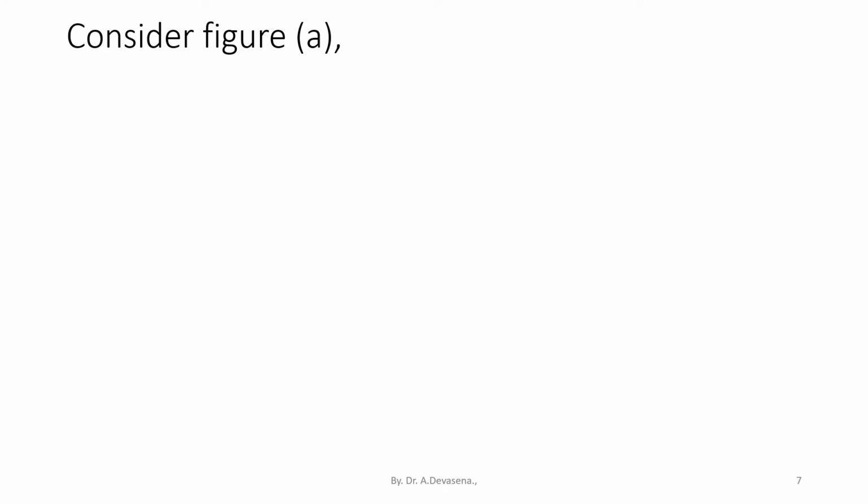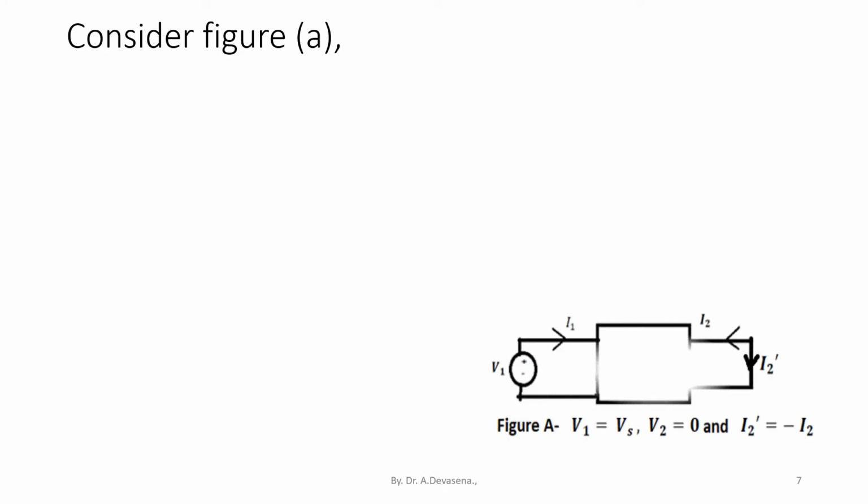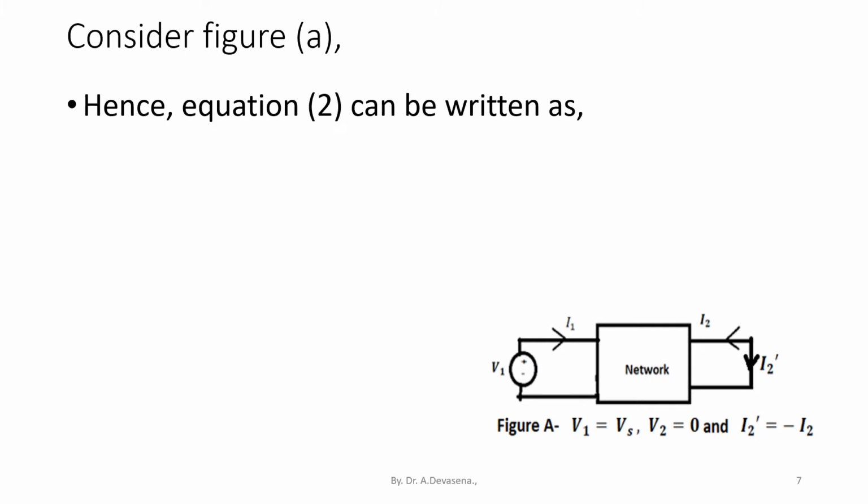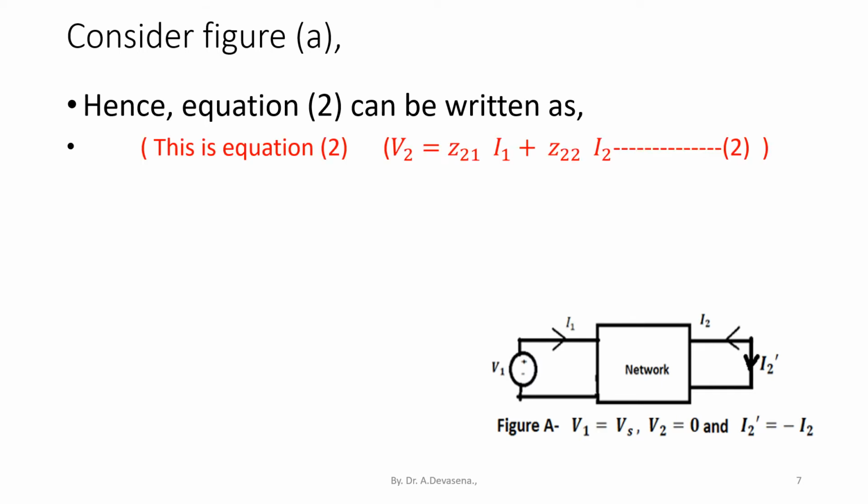Now we are going to discuss equation 2. Equation 2 can be written as, this is equation 2, that is V2 is equal to Z21 I1 plus Z22 I2. Here we are going to substitute the value of V2 as 0 and I2 as minus I2 dash.